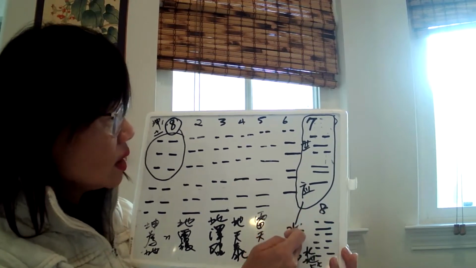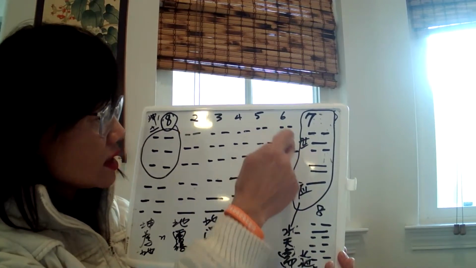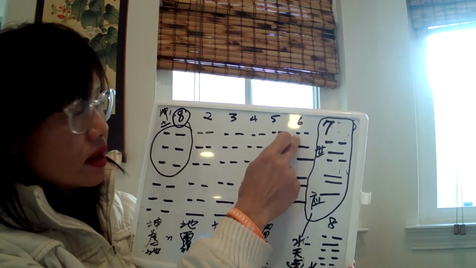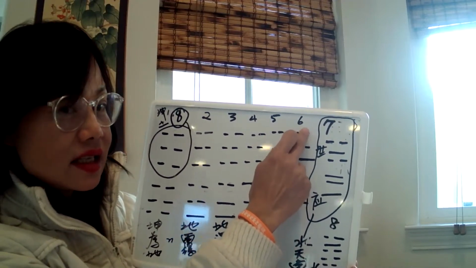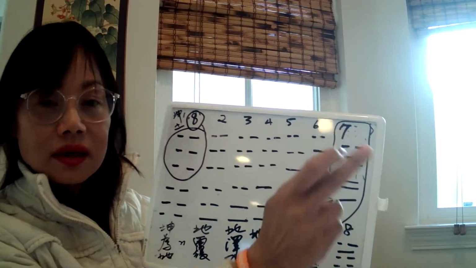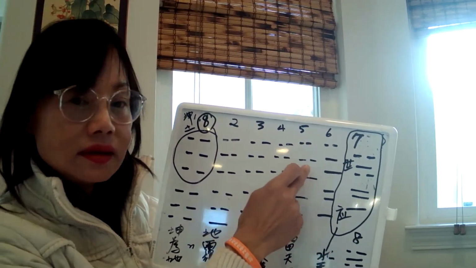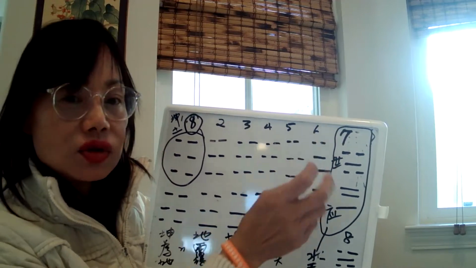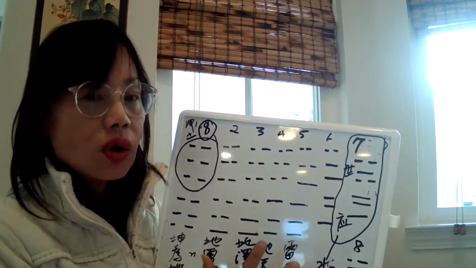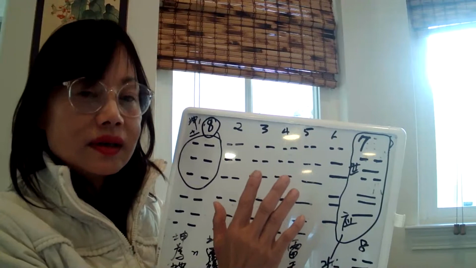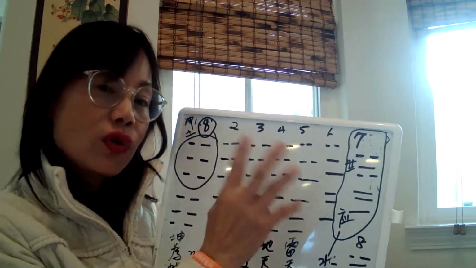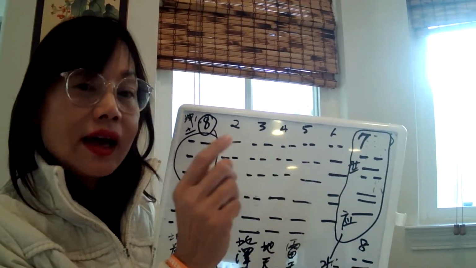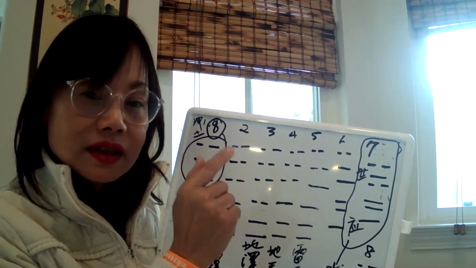Okay, so you come to this one, the 6, which is 水天虚. So with the 6, we have the last yin energy. When you see a hexagram with only one particular yin energy, or like the whole 6 is all yang, or all 6, all 4, 5 is all yang, we look at the lesser number.